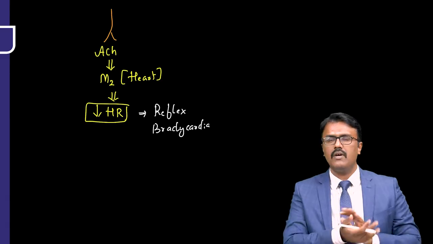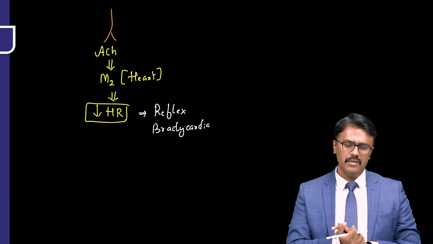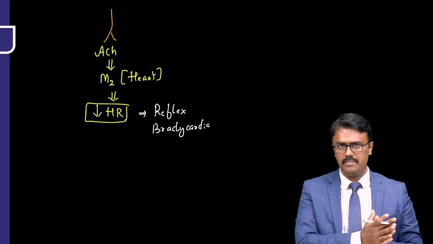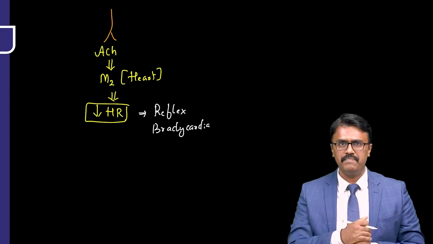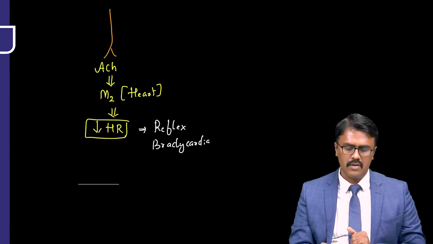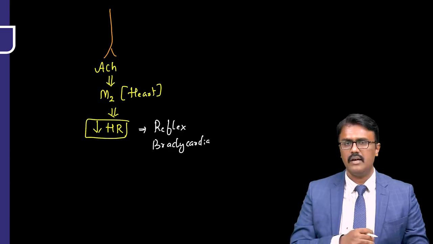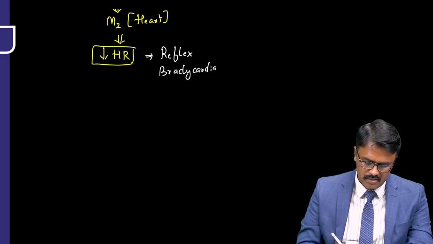So when we are infusing Norlin, initially what we see is tachycardia, and when you continue the infusion, the pressure will go up, and the aortic and carotid bodies will sense that and tell the brain do something, and the brain will activate parasympathetic. That will release acetylcholine, which acts on M2 receptor and decreases the heart rate. That is called reflex bradycardia. So whenever you think of Norlin, think of this.